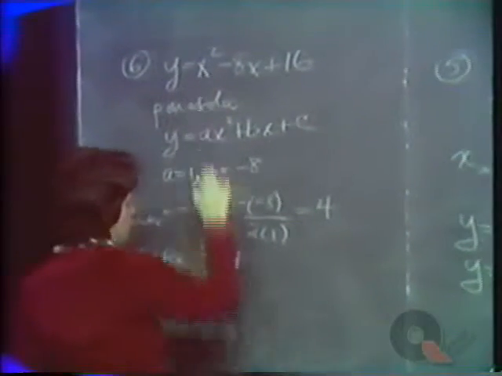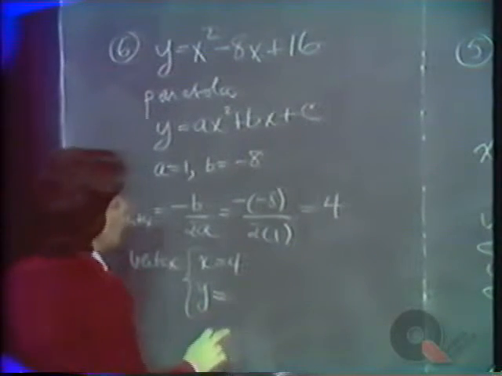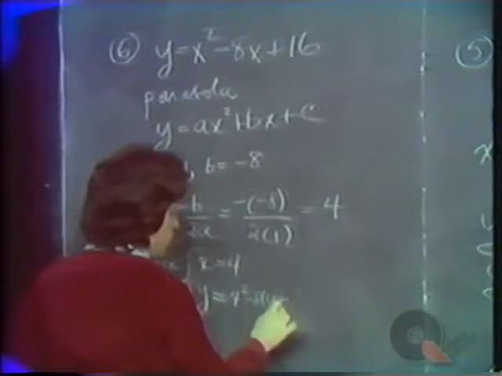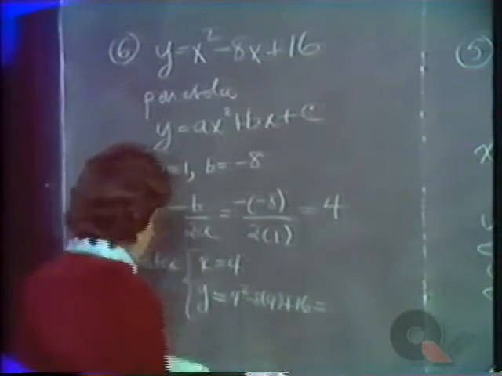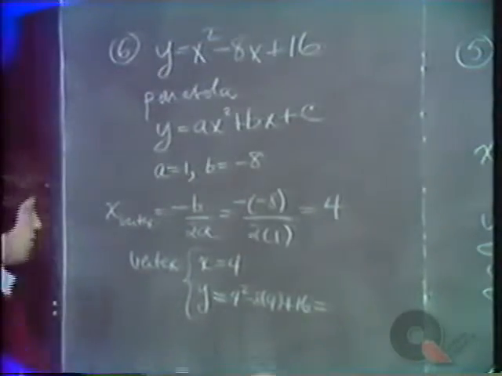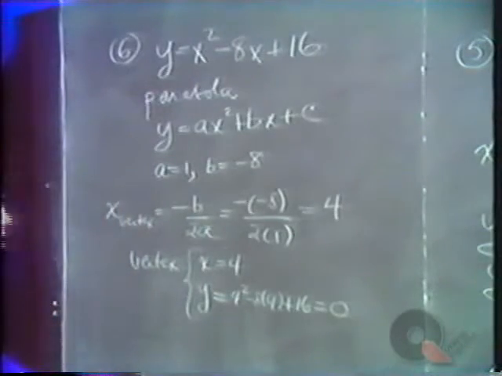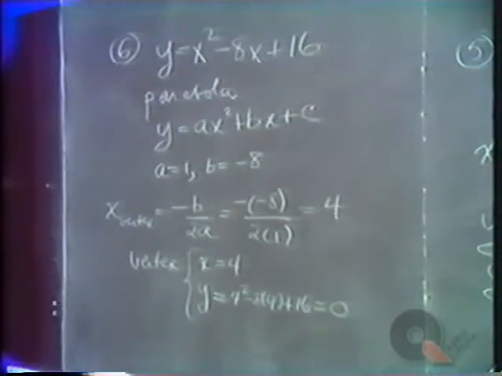Y is equal to x squared minus 8x plus 16, or 4 squared minus 8 times 4 plus 16. That gives us 16 plus 16, 32 minus 32, 0. X equals 4, y equals 0, are the coordinates of the vertex, or the turning point.